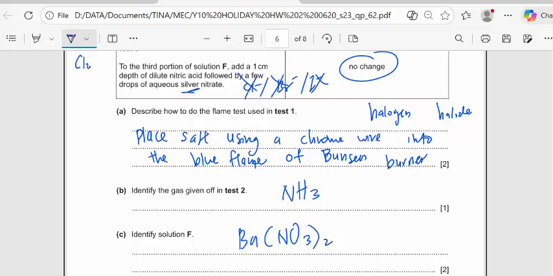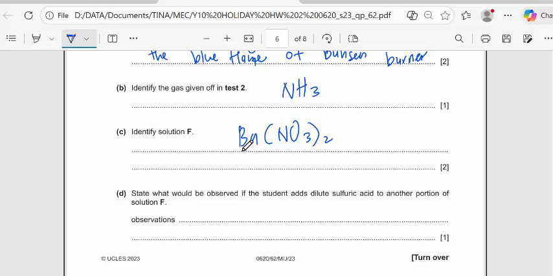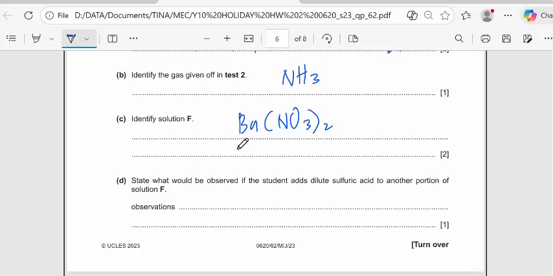Using fire to take the method. Can. State what we observe if the student adds dilute sulfuric acid. No, but barium what? Barium sulfate is insoluble ma. So here is sulfuric or sulfate. Oh. So what precipitate?